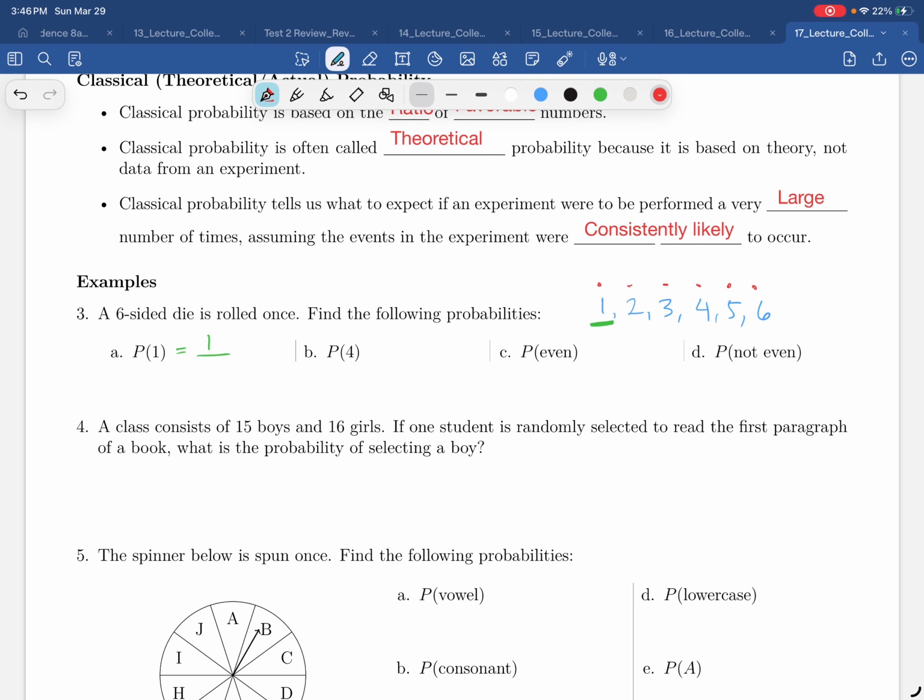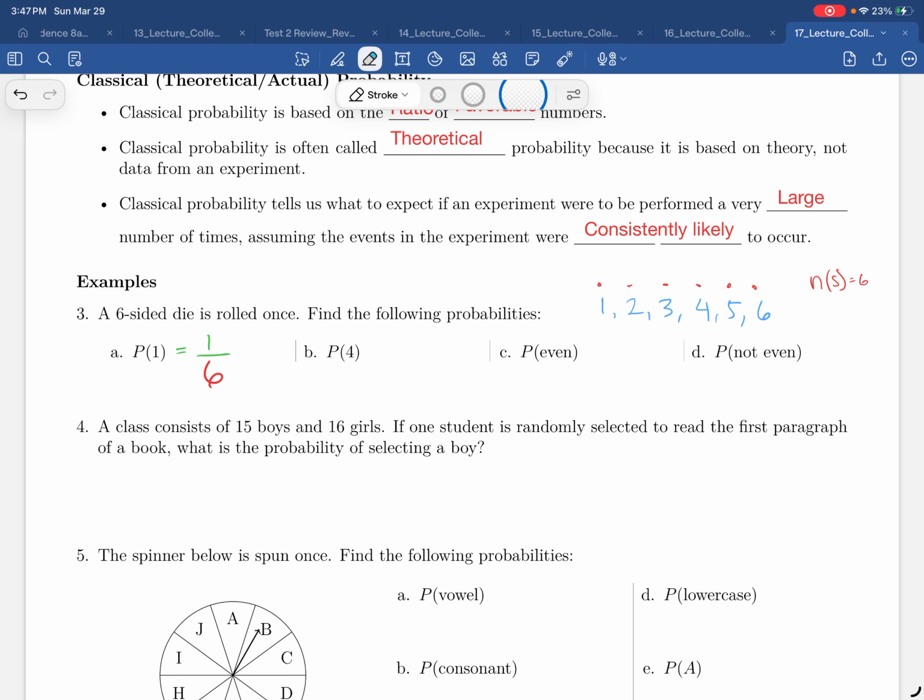So the number of elements in our sample space is 6, right? That's going to be our bottom number. So the probability of getting a 1 is 1/6. The probability of getting a 4, well, there's only one way to get a 4. So that would be 1, and then the bottom number is going to be 6.